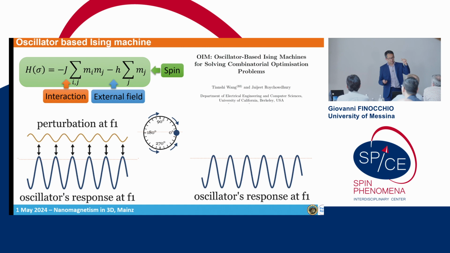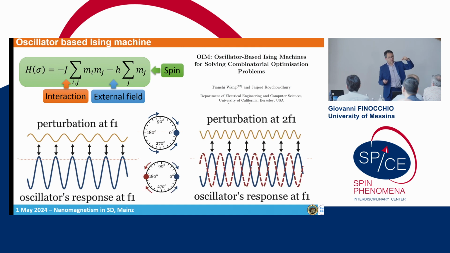But if you do parametric locking, you have a degeneracy in the locking state. So you can have 2 states, each with 50% probability, one or the other, no problem. And here you can see that this can be used to create a binary variable for the oscillators. The 2 phases give you the information.